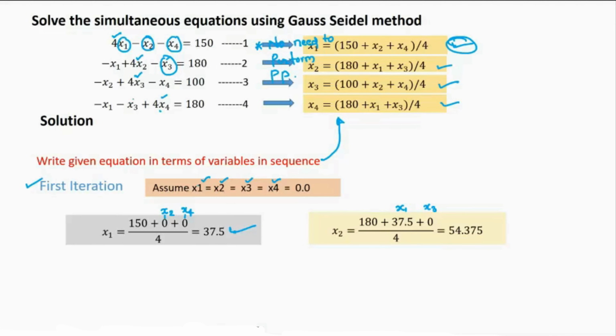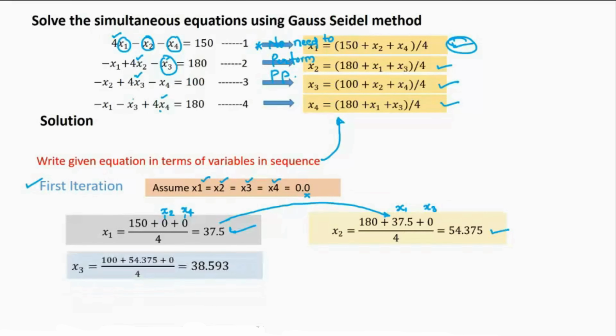The previous value of x1 is 0. Now the recent value of x1 is 37.5. Now we have to use this recent value. Do not use this value. Use this recent value. And then what is the recent value of x3? The recent value of x3 is equal to 0. So I have substituted here, and on simplification you will get this.